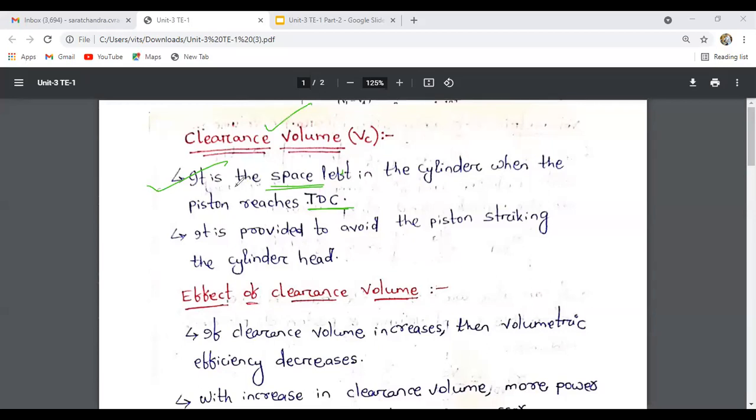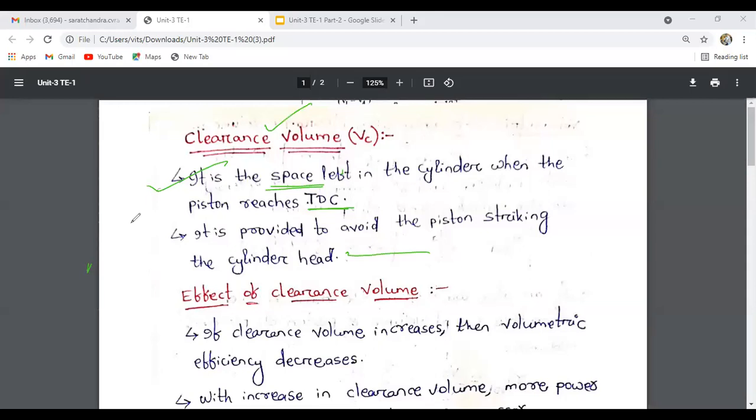And what is the necessity of this clearance volume? It is provided to avoid the piston striking the cylinder head. If this small space is not there, the piston will strike the cylinder head, and in the cylinder head the spark plug, inlet valve and exhaust valve are there.